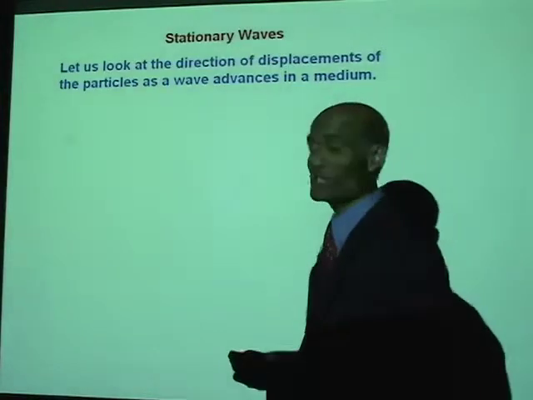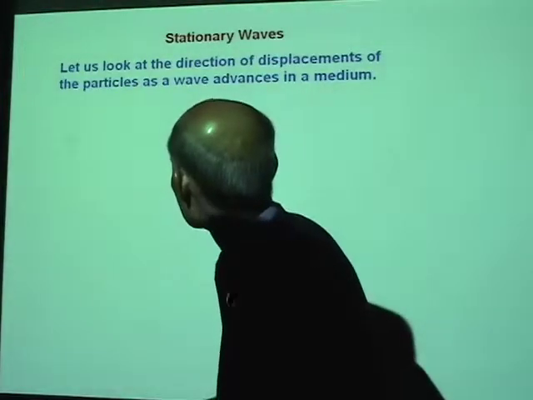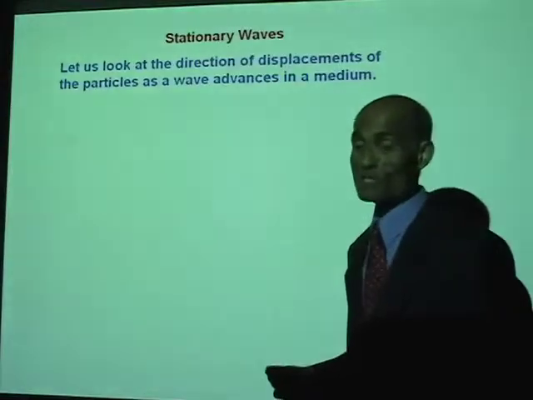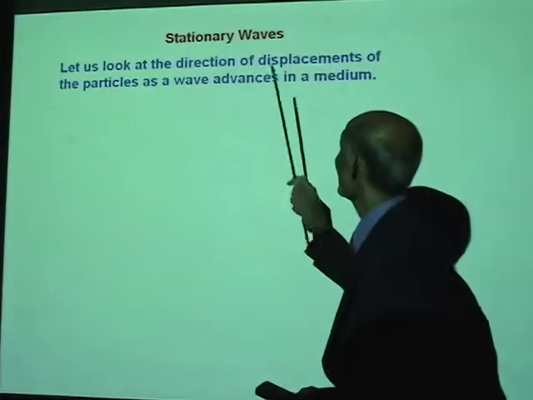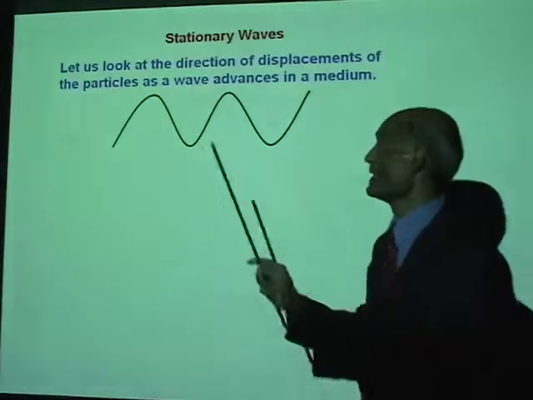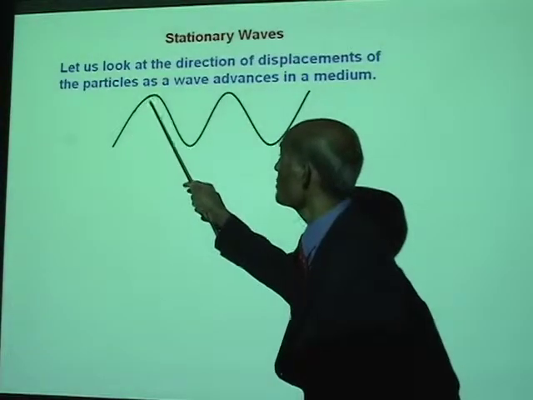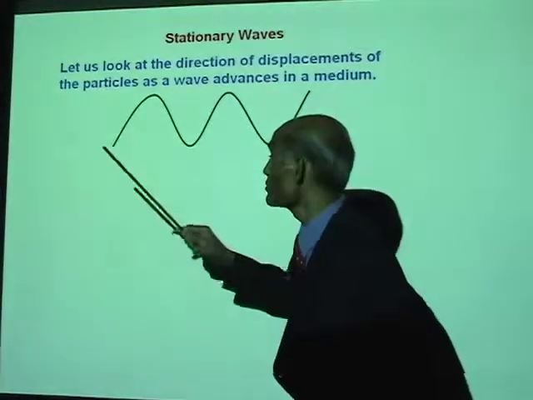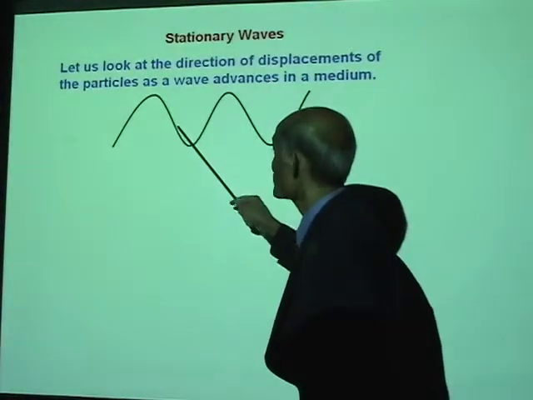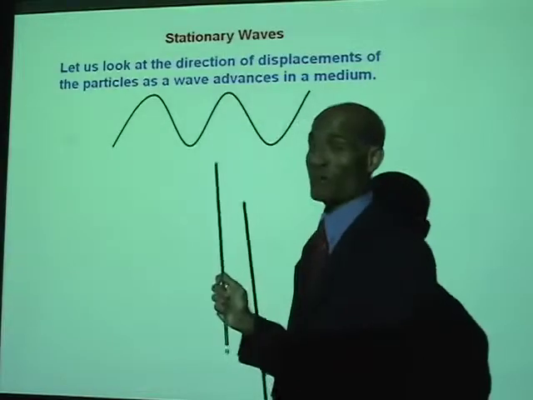Let us look at the direction of vibration, the direction of displacement of the particles as a wave advances in a medium. Now, as a wave advances in a medium, the particle vibrations describe crests, troughs, and so on.